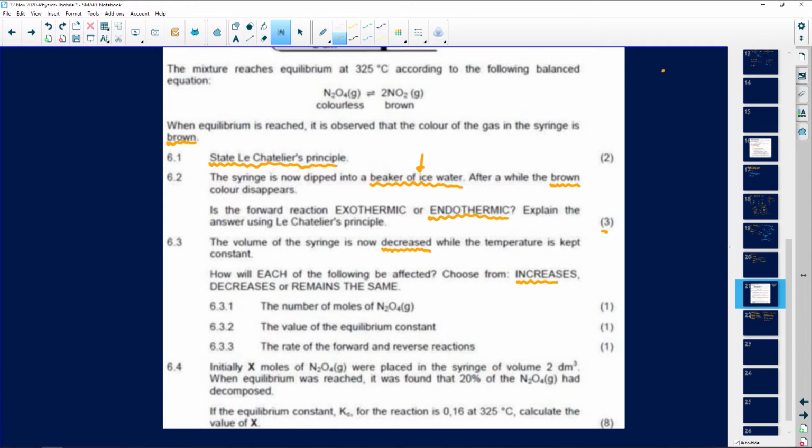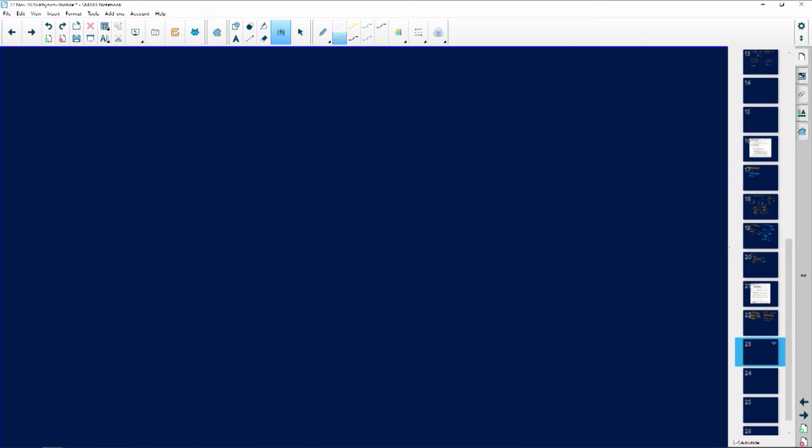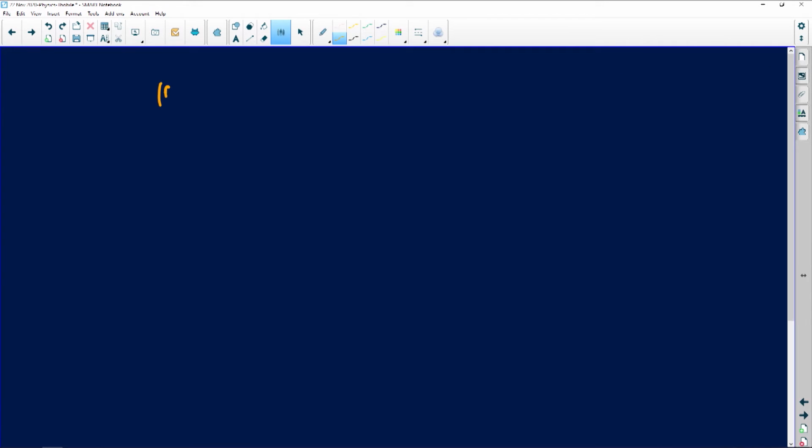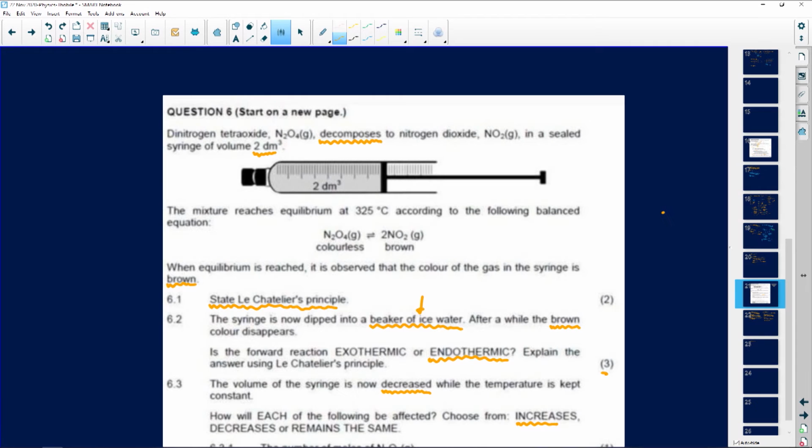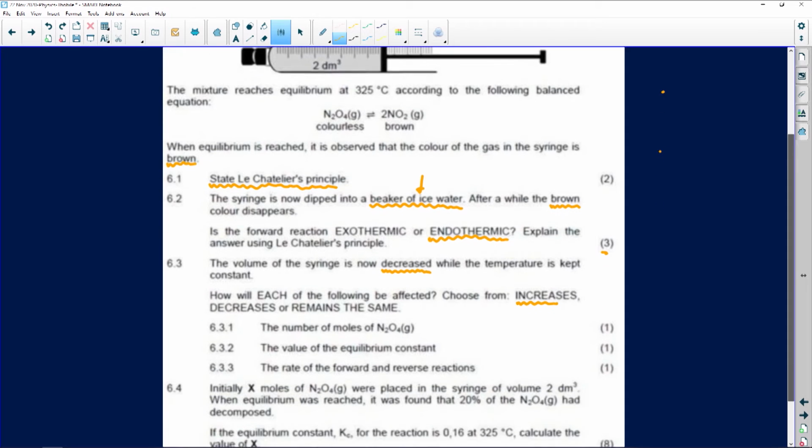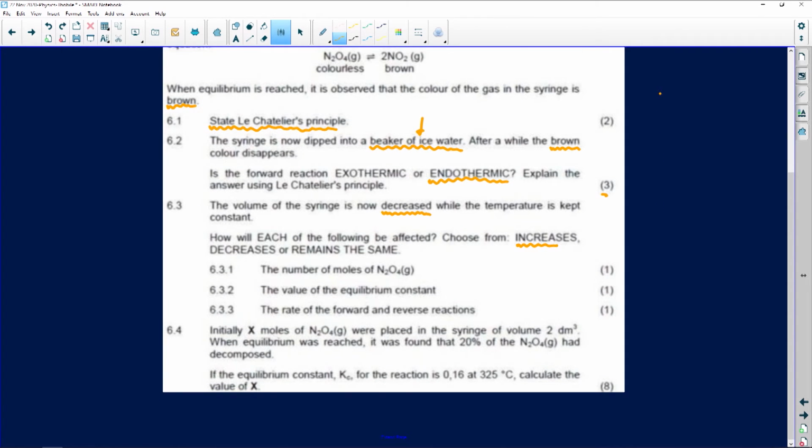There's less space between the particles. So let's just start here. This will be 6.3.1. I am doing 6.3. It will increase. We have decreased the space between them, meaning that more effective collision. I'm bringing in a little bit of the kinetic molecular theory. The more effective collision will actually take place. Then again, we have decreased the volume while the temperature is kept constant.